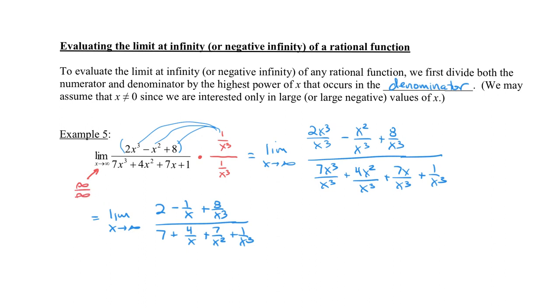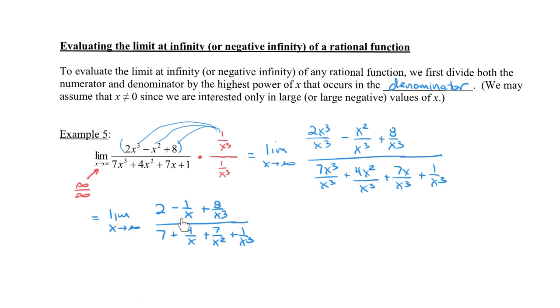So when I take the limit of this numerator, x is getting huge, right? So the 2 is just here. The 2 is not affected by this limit. But as this x goes towards infinity, I have 1 over a huge number. So I can make this be completely insignificant. So the numerator will be completely dominated by this 2.